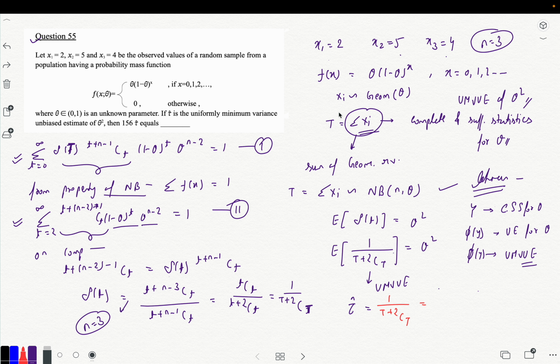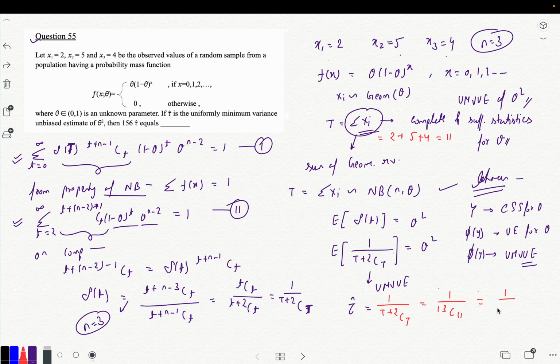Now what is T? T was the summation of xi. Summation of xi means we have x1, x2, x3, that is the sum of 2, 5 and 4. That is going to be 11, I think, right? So this will be 1 upon 13c11. You can solve it, simplify it.